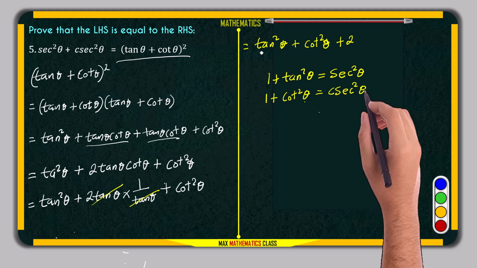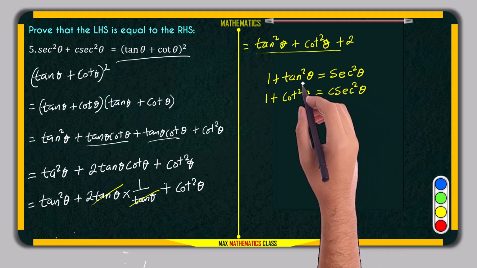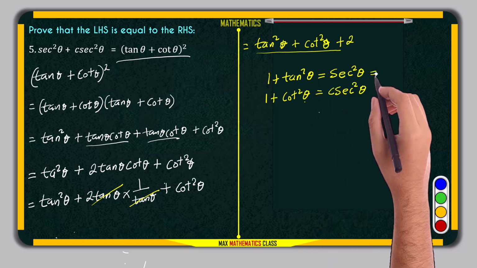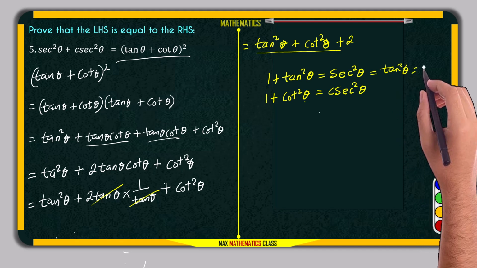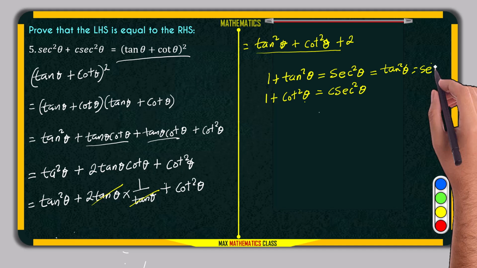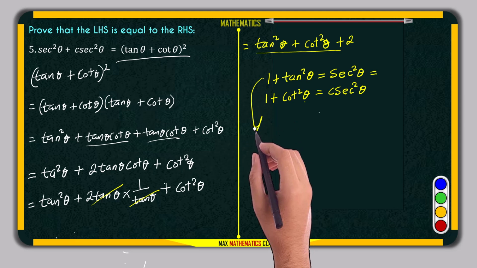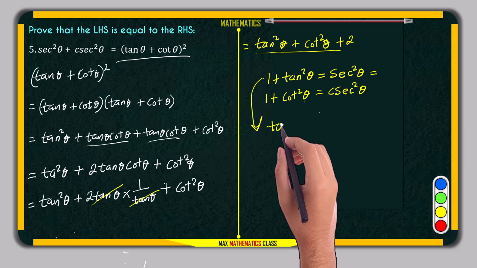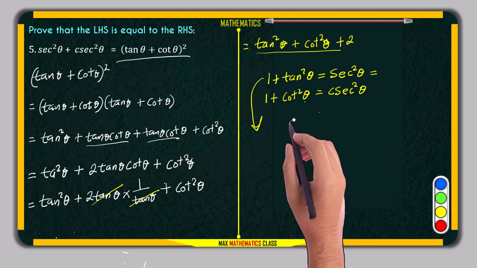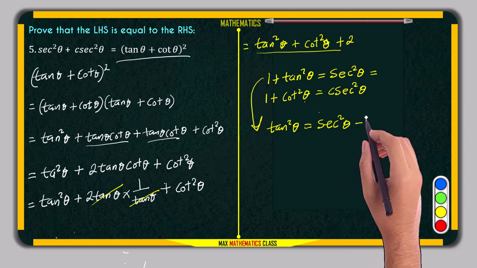So from here, we can make tan square theta the subject of the formula, so that tan square theta is equal to sec square theta minus 1.